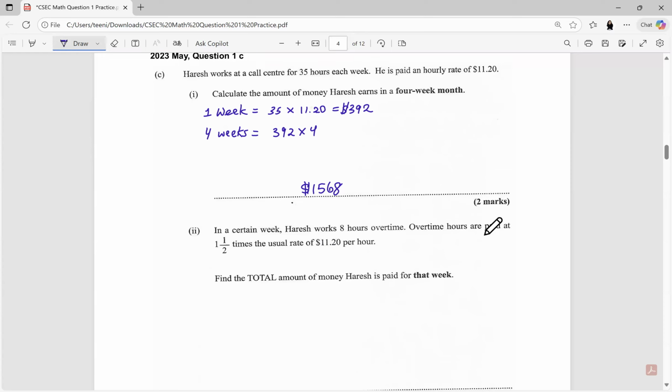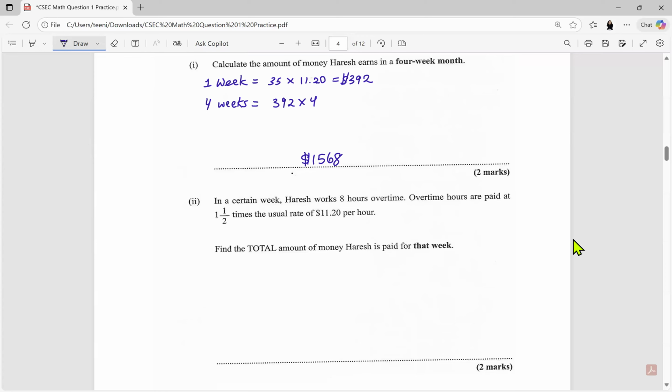All right. In a certain week, Harish works 8 hours overtime. Overtime hours are paid at 1.5 times the usual rate of $11.20 per hour. Find the total amount of money he made in that week. So the overtime rate, he's paid at time and a half.